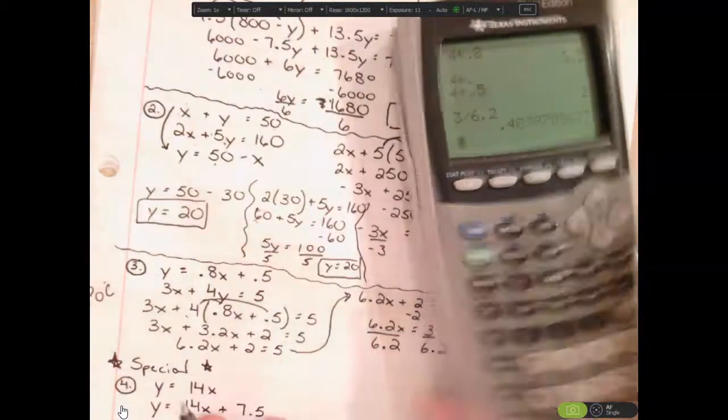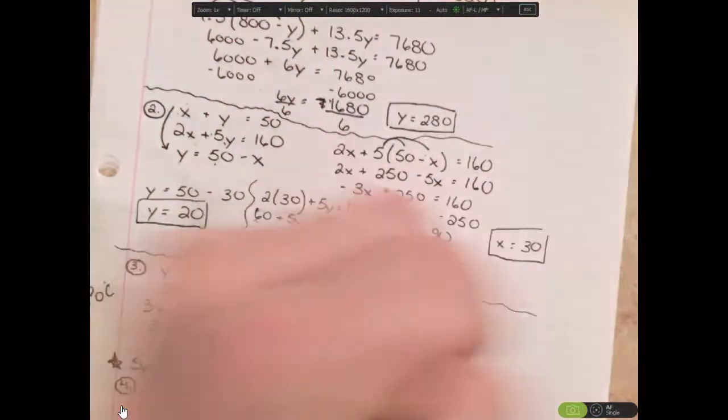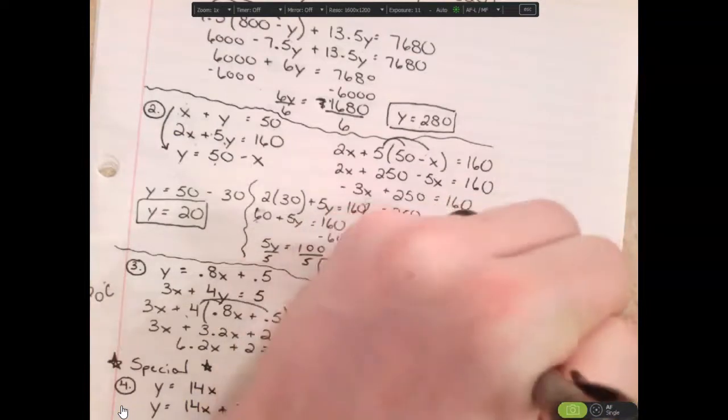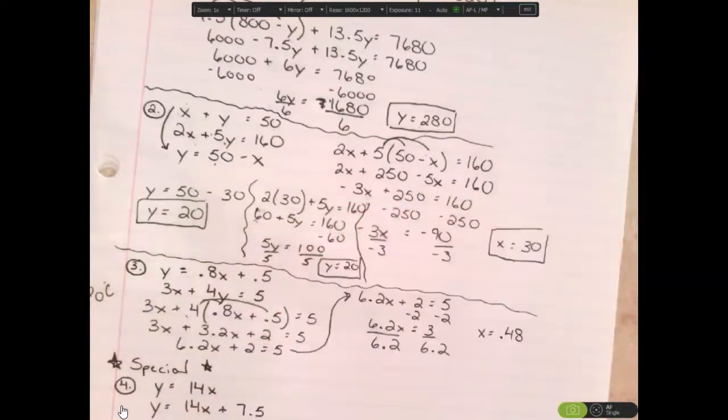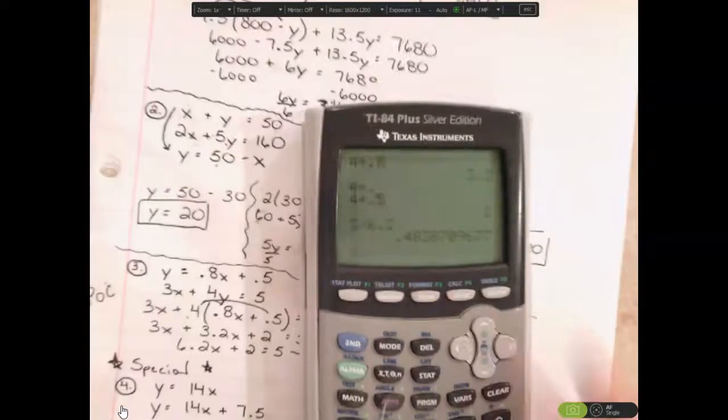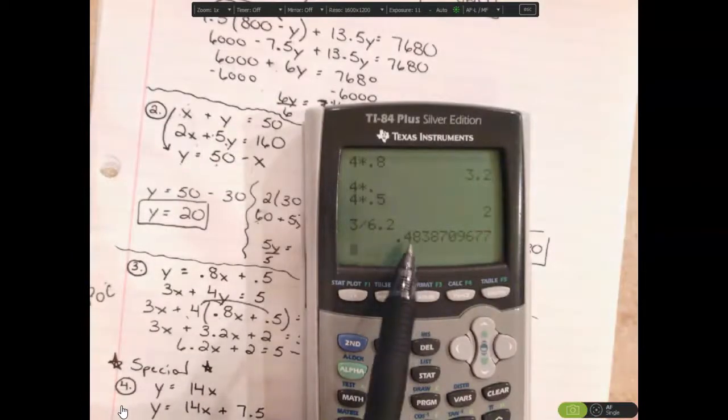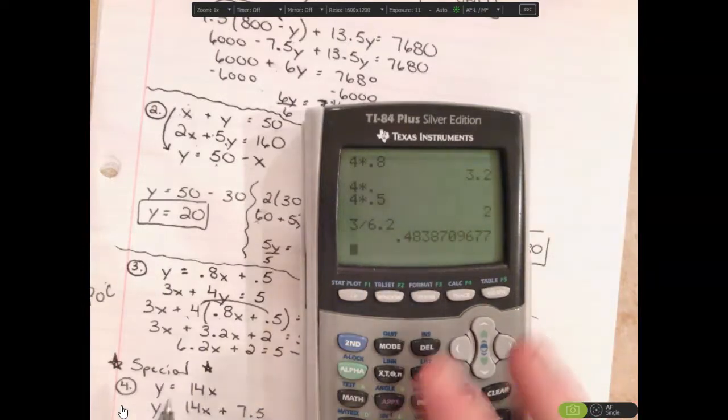Or excuse me, 0.48. So x is equal to 0.48. Notice whenever we type this in, the hundredths is your second decimal spot. The 3 that's behind it makes it stay the same, does not round up, so therefore 0.48.